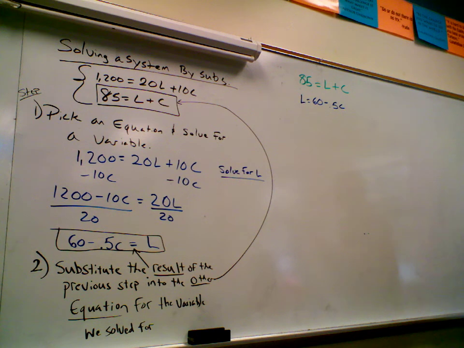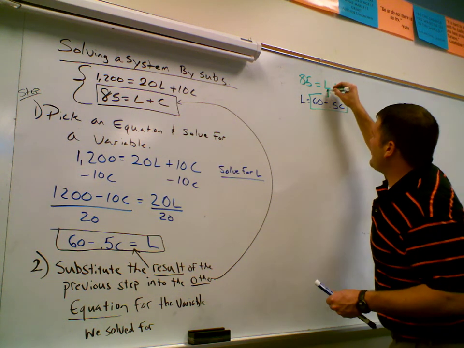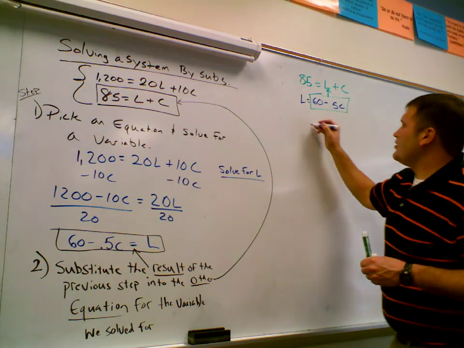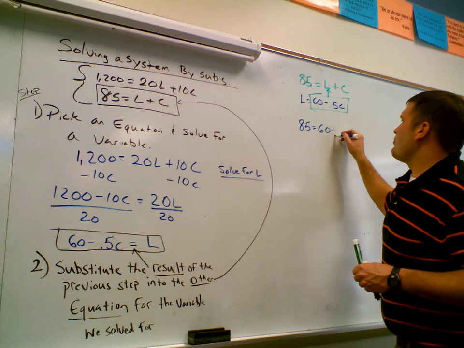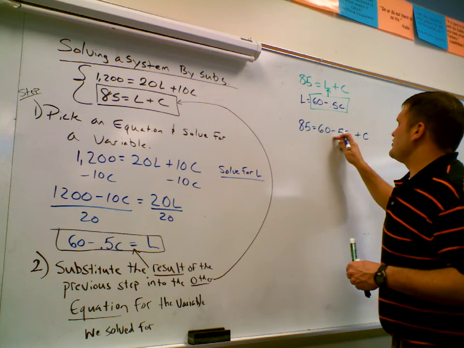Since L equals 60 minus 0.5 C, I'm taking this 60 minus 0.5 C and plugging it in right there for that L. I am substituting it in for that L. And that's where we get the name. Now when I substitute for that L, we get 85 equals 60 minus 0.5 C plus C.